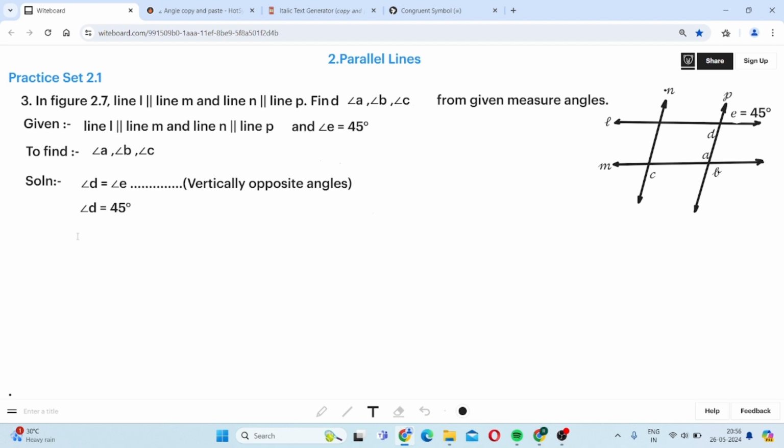We have to find the angle A. Now, angle A and angle D are related in such a way that they both are an interior angles pair, right? Angle D plus angle A is equal to 180 degrees, by the interior angle theorem.